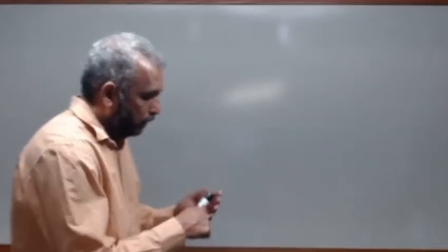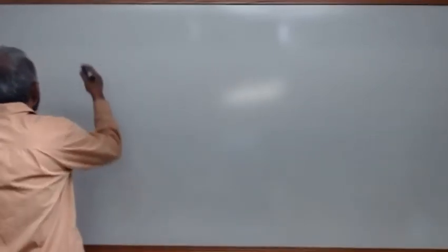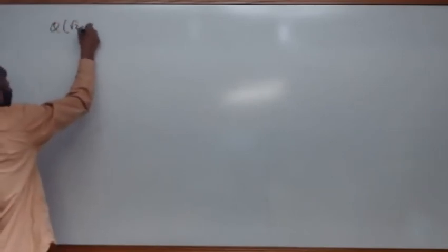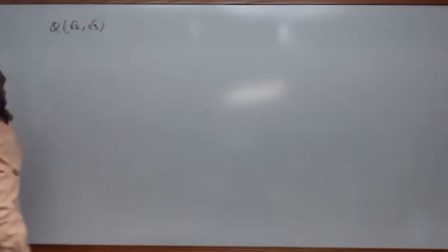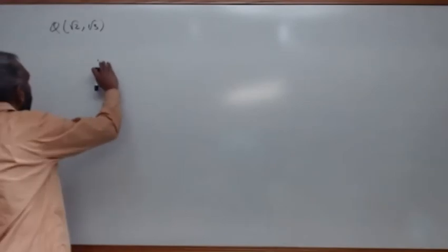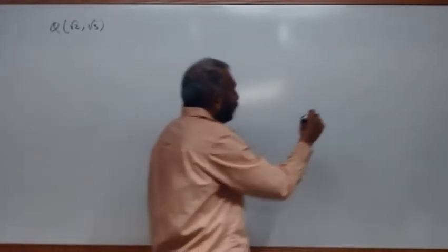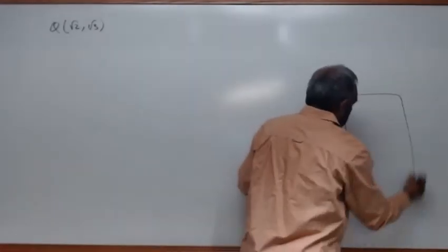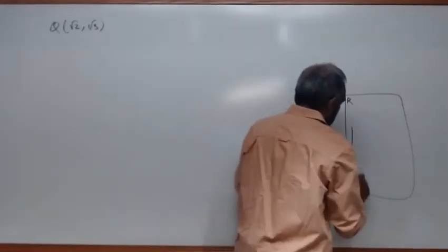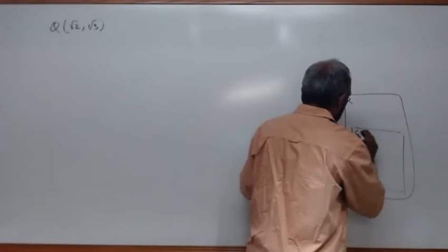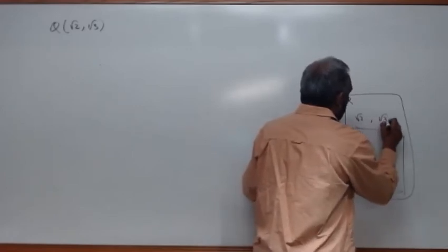Let us do one more example. Let us find out the degree and the base elements of Q(√2, √3). Here again we have R here, we have Q here, root 2, root 3.